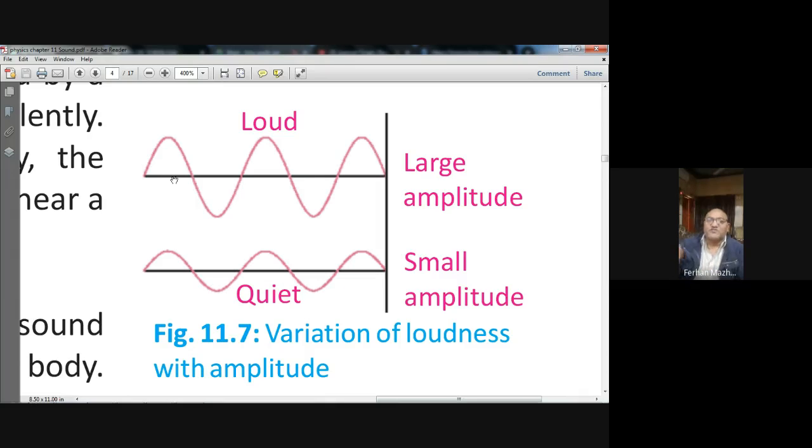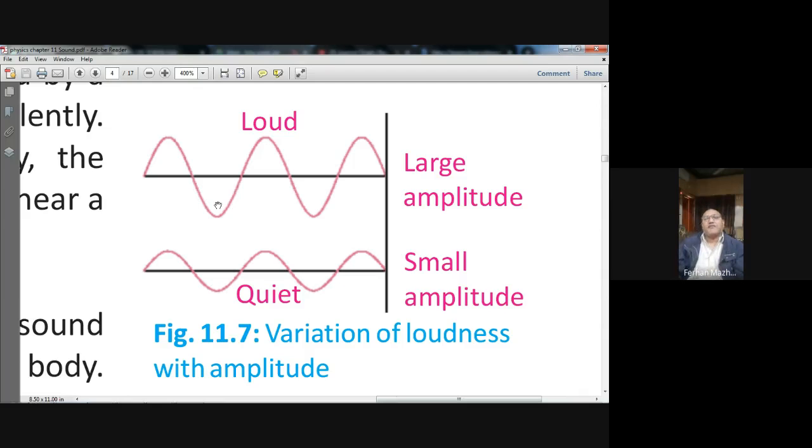Now, from the displacement time graph or from the displacement distance graph, you should know what the amplitude is. Amplitude is basically from this mean position. You can see this mean position on your screen, and from this mean position, how up you went. That's the amplitude. Or from the mean position, how down you came.